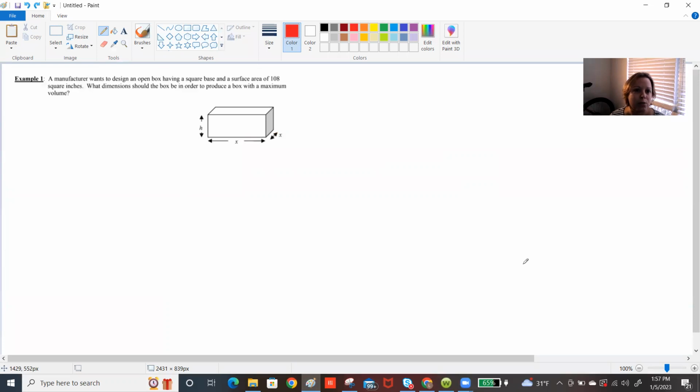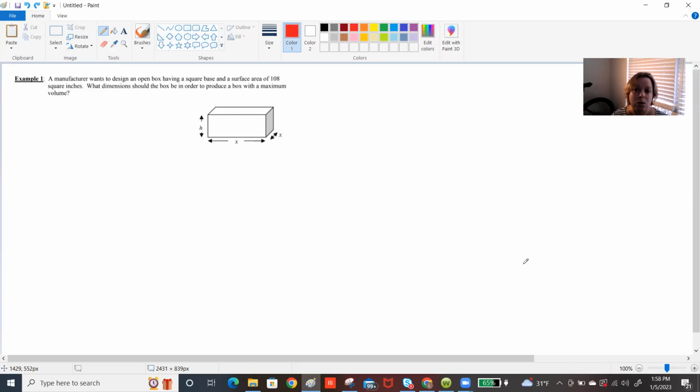A manufacturer wants to design an open box having a square base and a surface area of 108 square inches. What dimensions should the box be in order to produce a box with a maximum volume? So we are talking about a box and we have some information given, right?